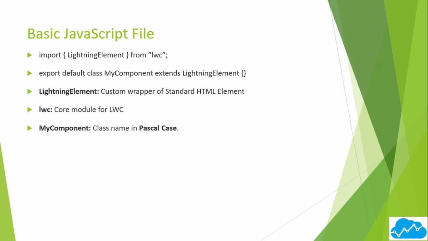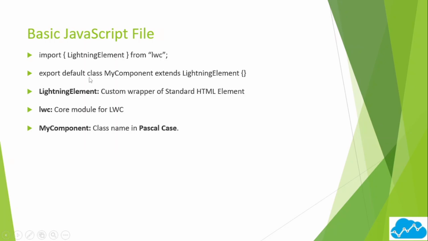Basic JavaScript file. So as soon as we are creating the Lightning Web Component, we are getting three files: HTML file, JavaScript file, and meta XML file. In that, the JavaScript file is looking like this: import, in curly braces, LightningElement, curly brace closed, from lwc.